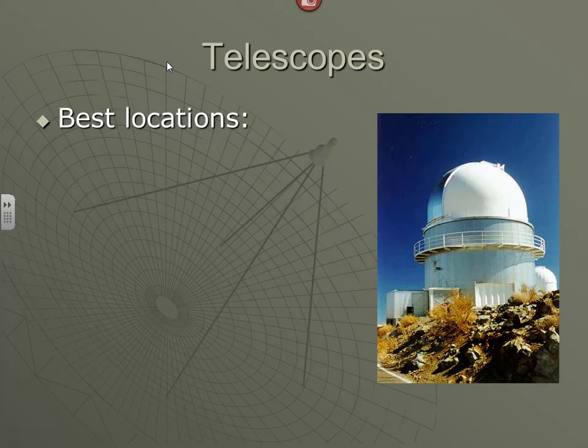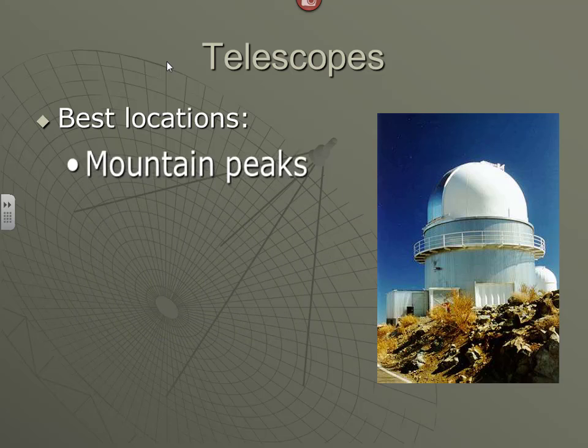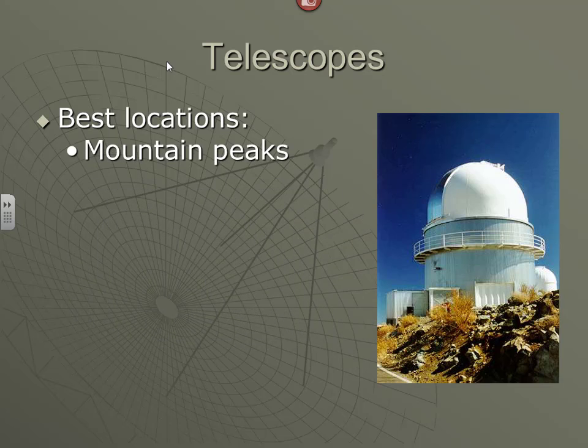If you're choosing a location for a telescope, especially a large telescope like the one in the picture, if this is going to be a permanent installation, like scientists are actually going to use this telescope to take real data, you want to carefully think about where you would put that telescope. The closer you can get to what you're looking at, the better. So you might want to put your telescope on top of a mountain.